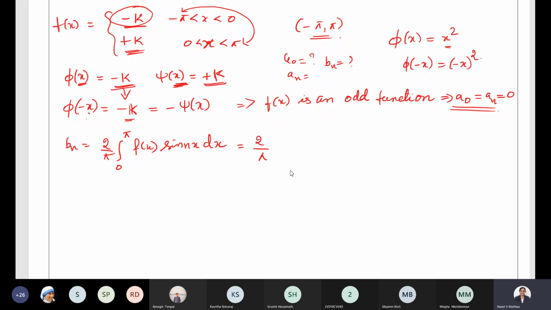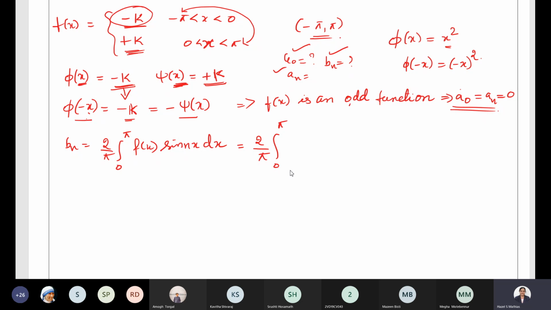Okay, so it is 2 by pi integral 0 to pi. I repeat once again, this is the formula. We have proved phi of minus x is equal to minus xi of x. That's why f of x is an odd function and both the Fourier coefficients a0 and an are 0. We have only three Fourier coefficients a0, an, bn.